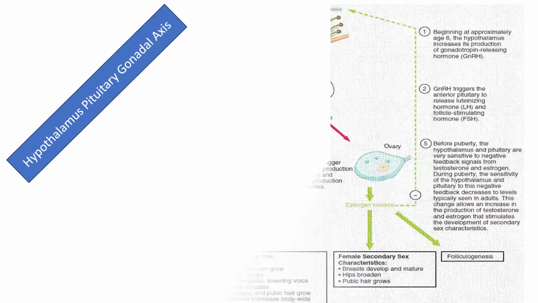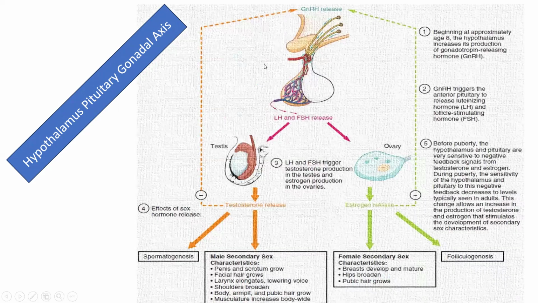Now here, the hypothalamic pituitary gonadal axis plays a very important, central role in reproductive toxicology. In your previous classes, you have studied the endocrine system. Just for understanding, the hypothalamus increases the production of gonadotropin releasing hormone, that is GnRH.